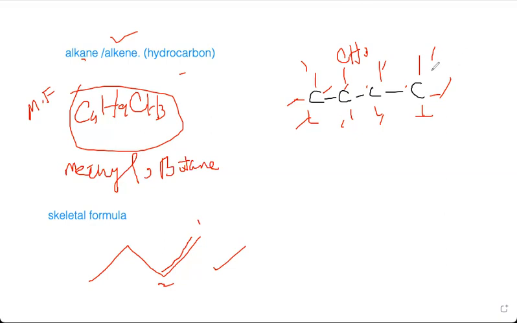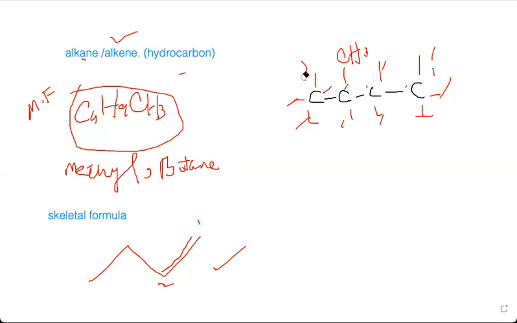So usually we start from the left side, but there is one more rule. We always start giving the numbers to the carbon where the functional group is near. You can see the functional group is near the left side, so you can start giving numbers to your carbon from the left side.